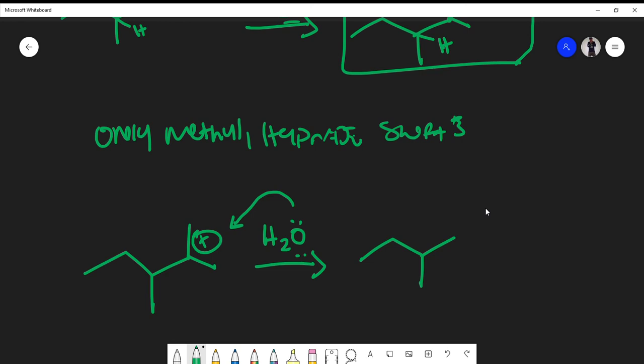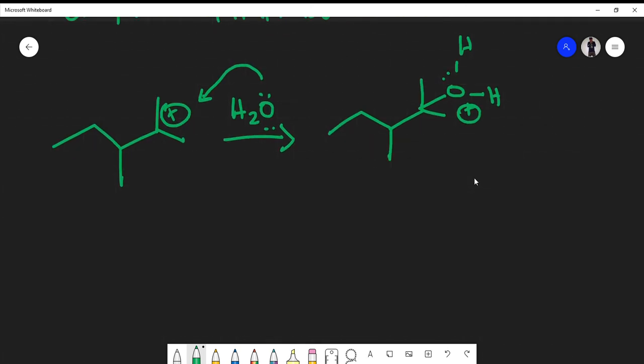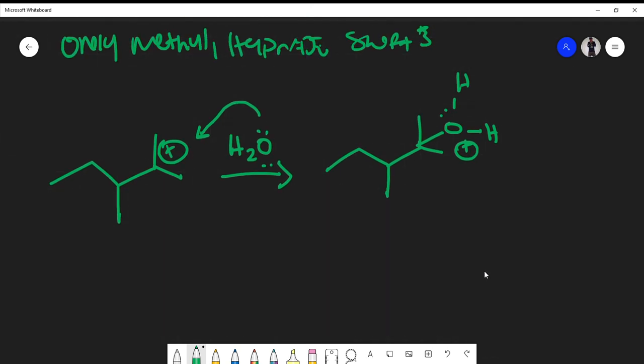Essentially, this is bonded to an oxygen that has two hydrogens and a lone pair, so this has a positive charge. And in the last step, I have water now coming in, another molecule of water acting as a base.